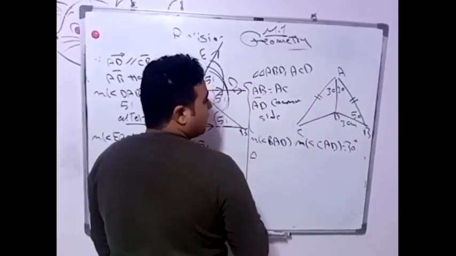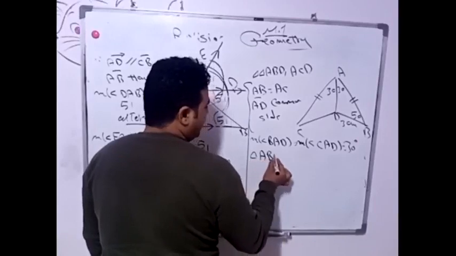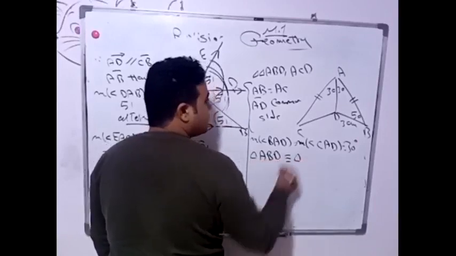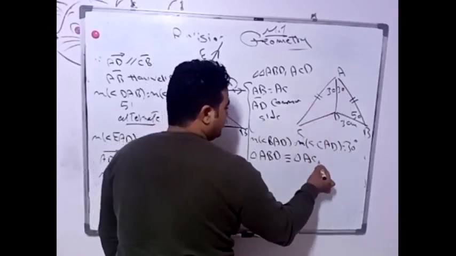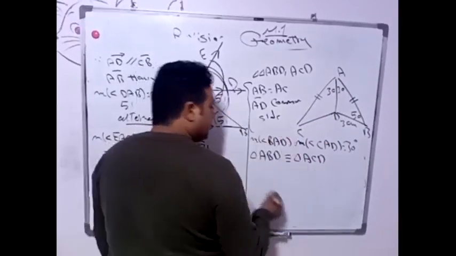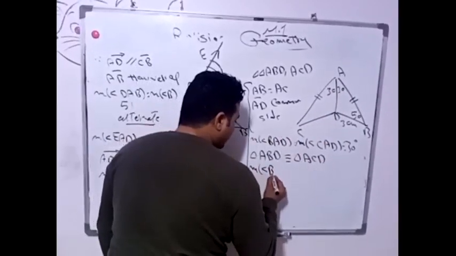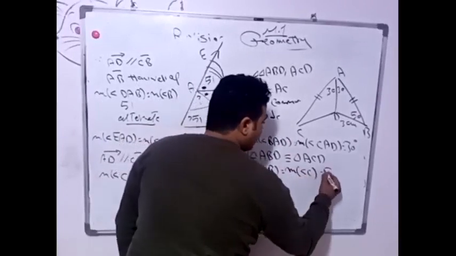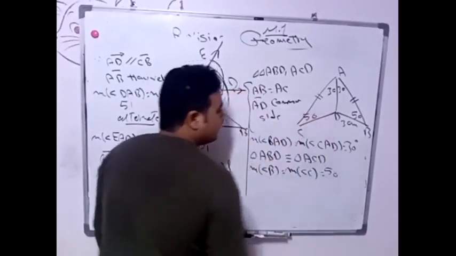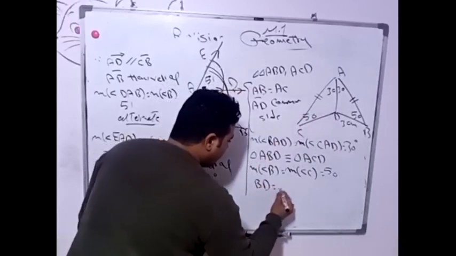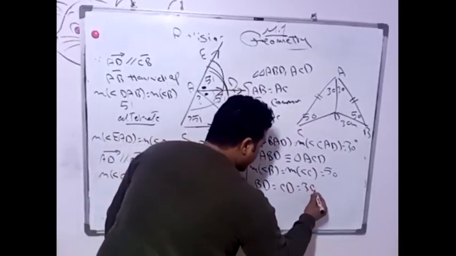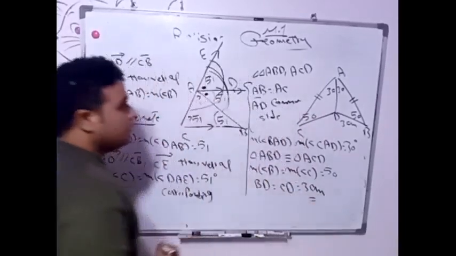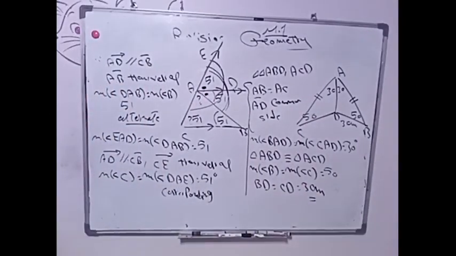So now the first triangle ABD is congruent to the second triangle ACD. So now we get measure angle B equal measure angle C equal 50. This is 50. And BD equal CD equal 3 centimeters. This is our question now.